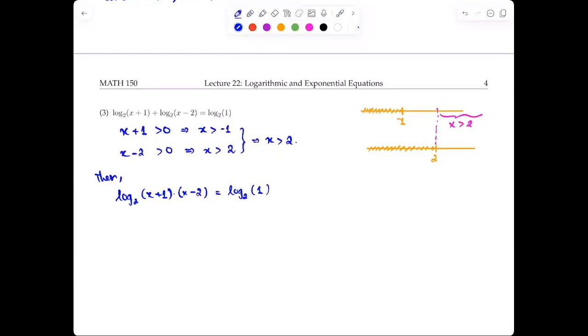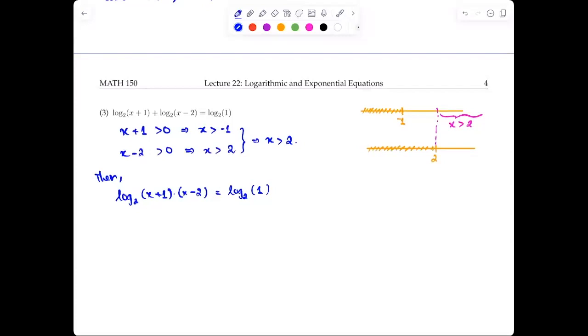Make sure that after you combine the 2 logs together, you drop the addition and drop the log base 2. So there is only one log base 2 left because you already combined x plus 1.